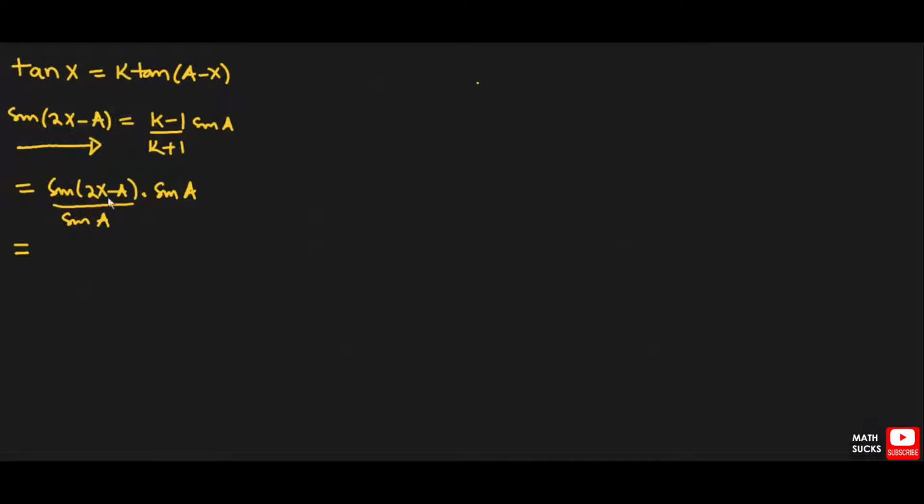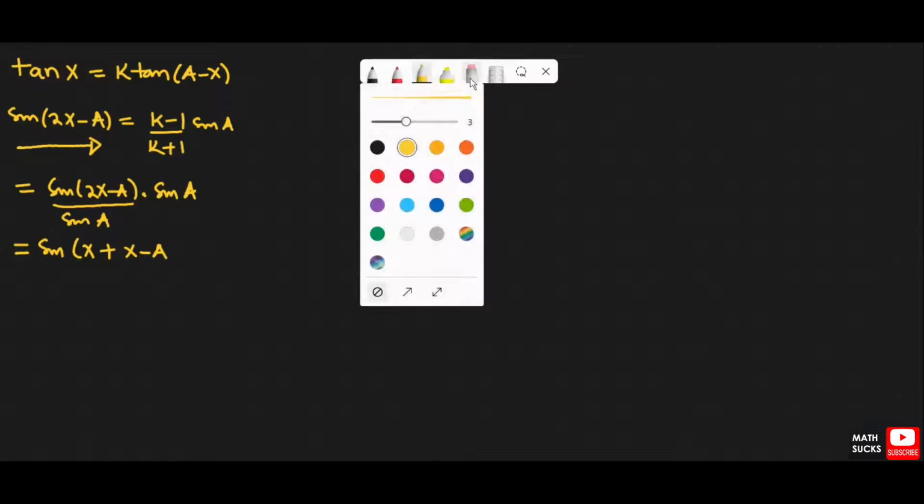I can split this angle in terms of x's and then minus a, and then also I can play some tricks on a to introduce our x. So how do we do that? We can say that the numerator is the same as x plus x minus a, or I can just try to play with the negative.